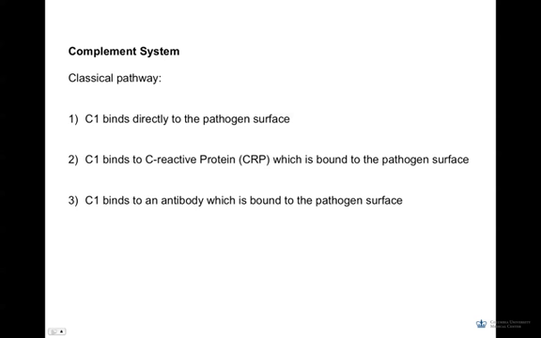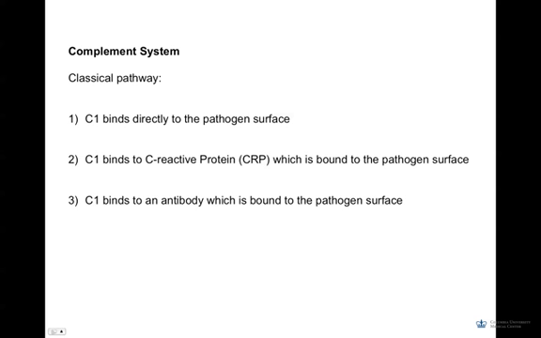CRP, which we will talk about more later, is a protein that the liver produces when we are experiencing a systemic inflammatory response. Its purpose is to bind to the pathogen surface and increase the likelihood of complement activation by binding to the C1 protein and starting the cascade.